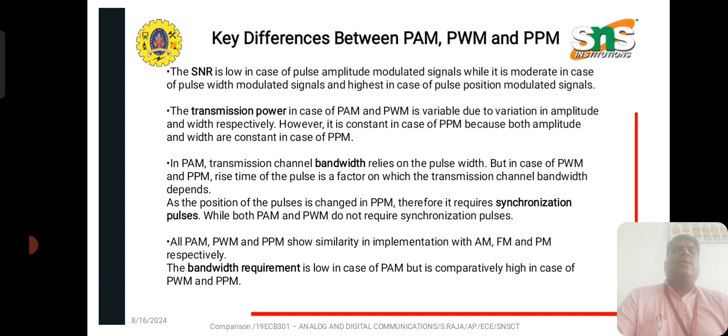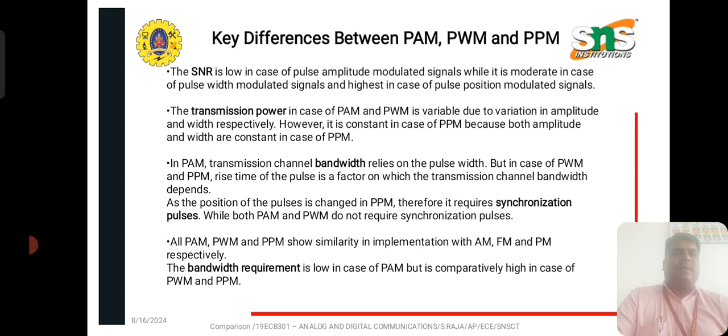The SNR is low in the case of pulse amplitude modulated signals, moderate in the case of pulse width modulated signals, and highest in the case of pulse position modulated signals. The transmitter power in PAM and PWM is variable due to variations in amplitude and width respectively. However, it is constant in PPM because both amplitude and width are constant.